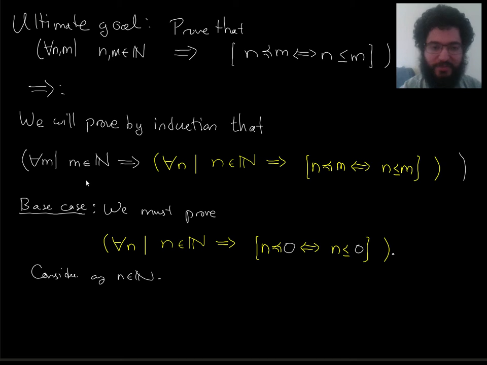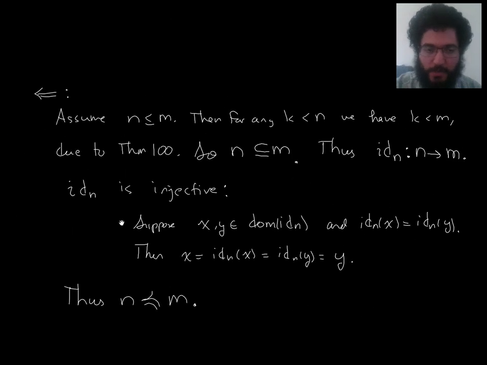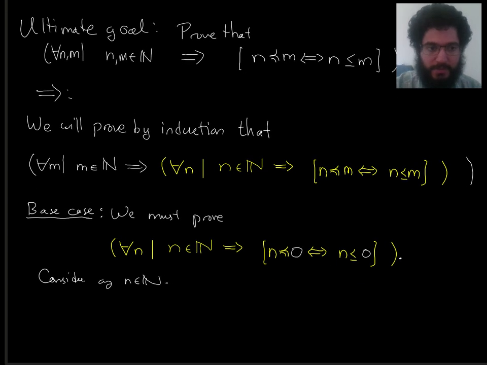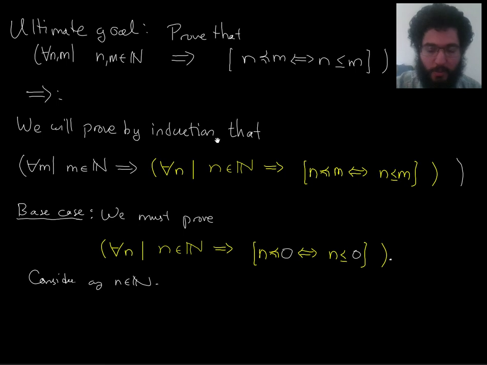Okay, one thing. I'm going to make a modification here. So I left it over here. In a previous video, we already proved the leftward implication of this whole theorem, right? So sure, this is our ultimate goal here, but we've already proved that n less than or equal to m implies there exists an injection n to m.